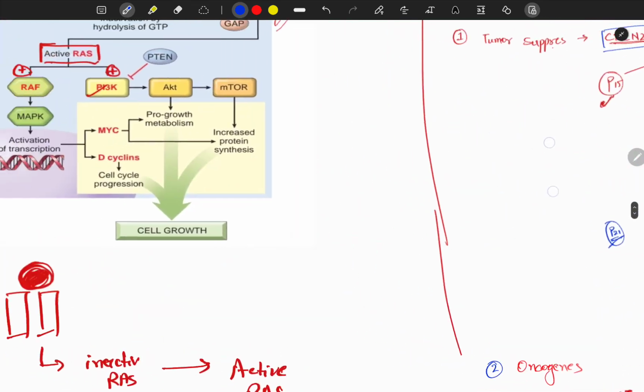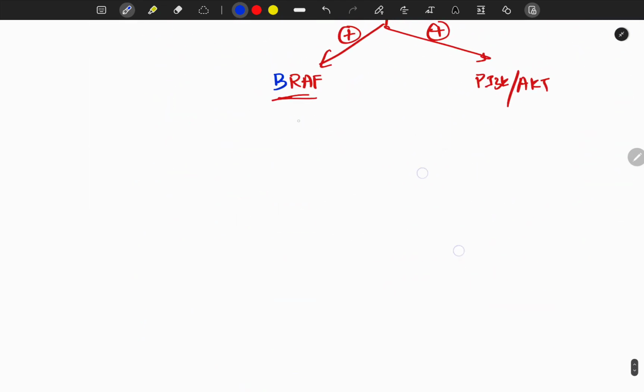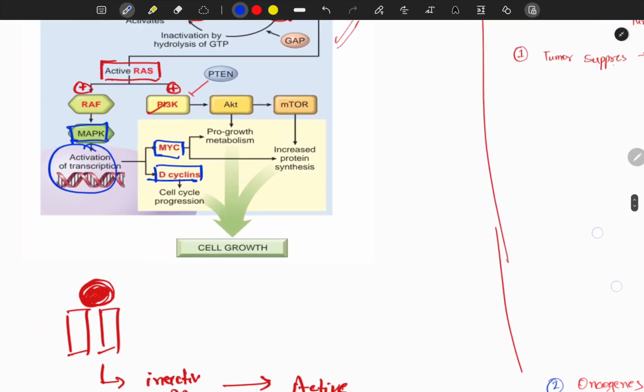Now your RAF is the MAPK kinase. It causes transcription of some proteins. Which proteins are those? MYC and D cyclins.